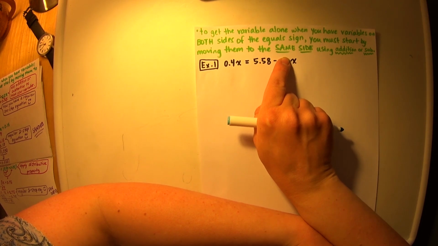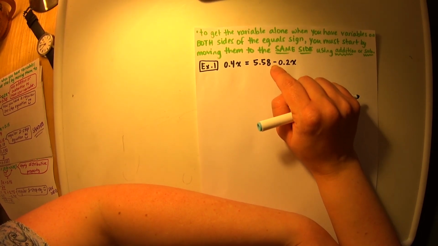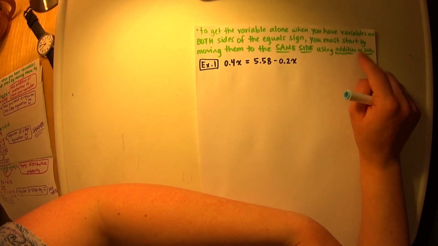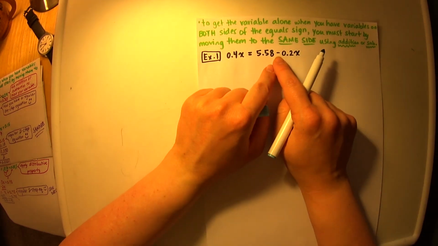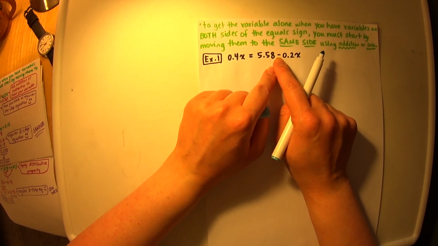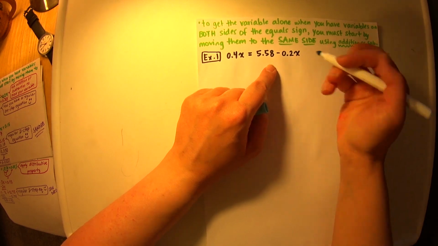We're not there yet. We have to group all of these x's together before we get there. The only way that we can move this entire term over is using either addition or subtraction. And it's still opposite operations. Right now, this term is being subtracted. So what's the opposite of subtracting 0.2x?